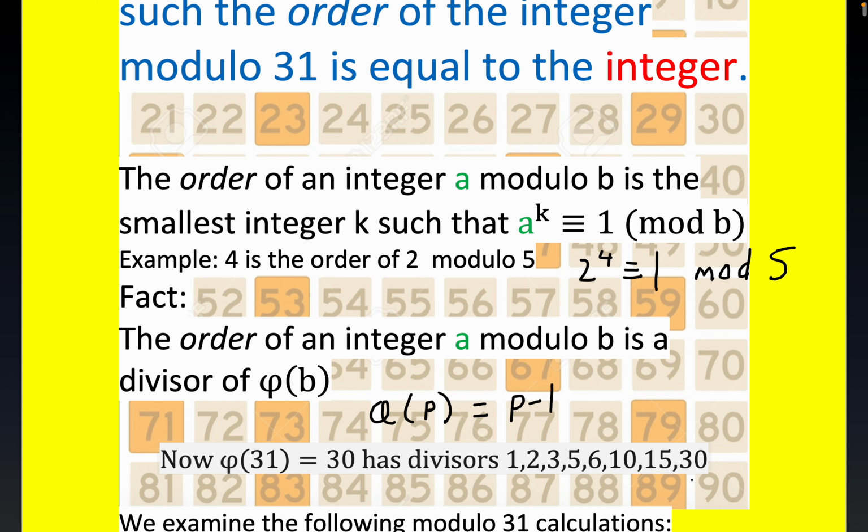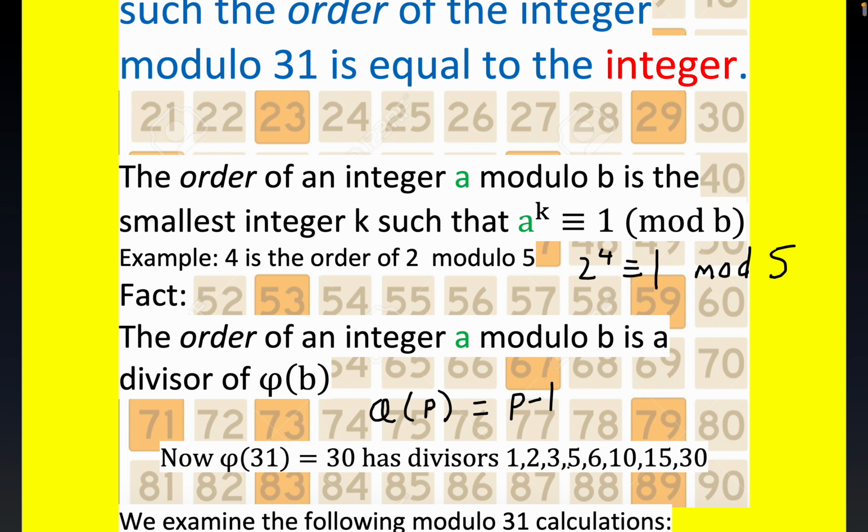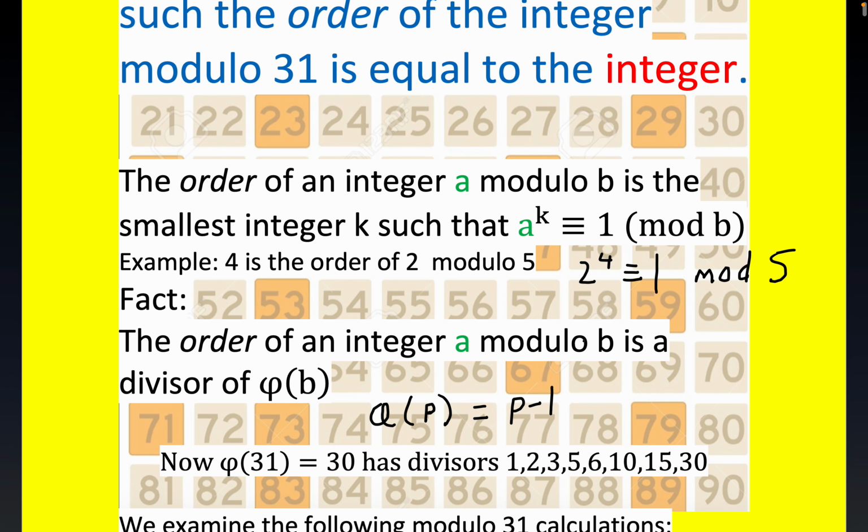So you see that it follows that we're just going to check these type of numbers. What are we trying to do here? We're trying to find out the order.